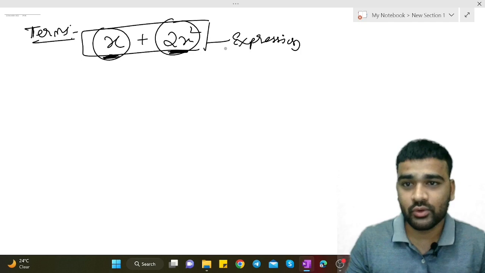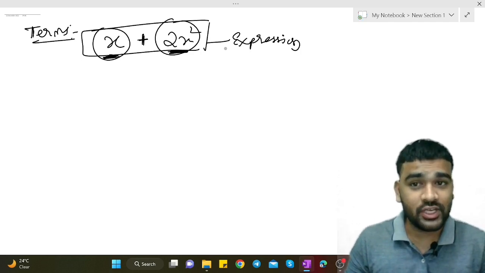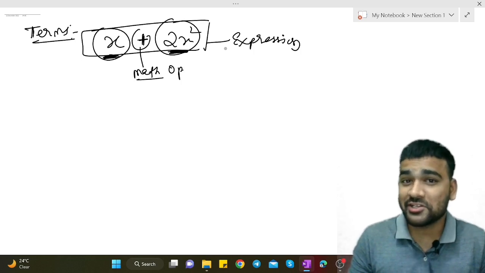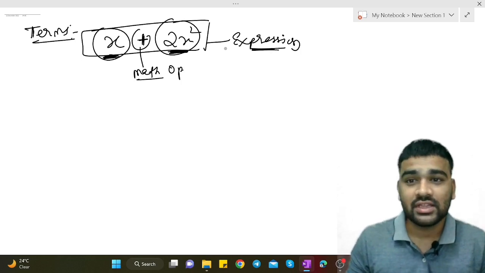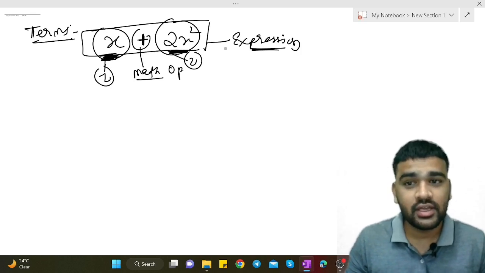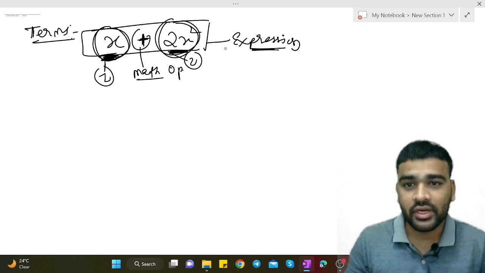These two are connected to each other with this mathematical operator, right? So this will be the first member of the family. You can consider an expression as a family. This is the first member and this is the second member. So here you have two terms. Variables separated by a mathematical operator are known as terms.